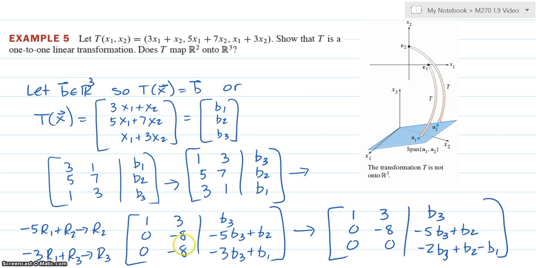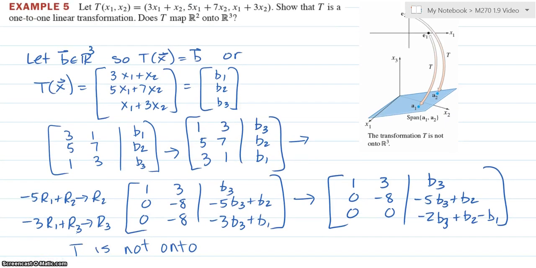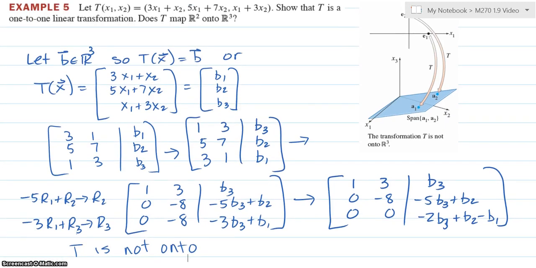Then I realized I get a -8 there. And when I multiply the second row by -1 and add it to the third, I get the zeros with this. If you actually go and do that out, it's not consistent for all B. There's some B that it works for, some B that it doesn't, but it's not consistent, so it's not onto.